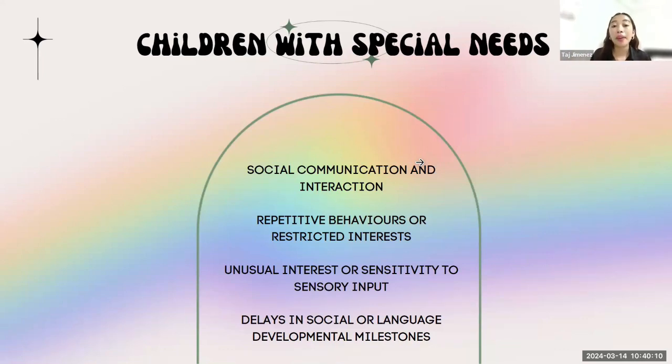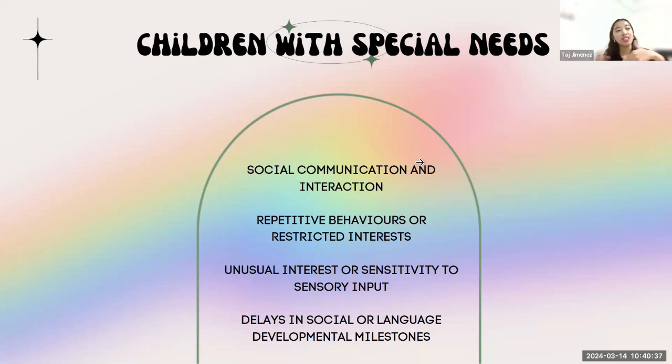Second, repetitive behaviors or restricted interests are usually also a red flag. Children may have repetitive body movements, like flapping the hands or continuously spinning around, like in focus mode, just like what I shared initially in the meeting.